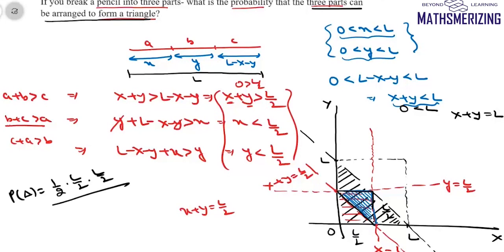Area of this black triangle, which is 1 by 2, and then the length of this side is L. This side is also L. So that is L times L. So the half will cancel. L will also cancel. So this is 1 by 4. So which simply means if you have a pencil and you randomly break it in 3 parts, then there is a 25% chance that these 3 pieces will form a triangle.